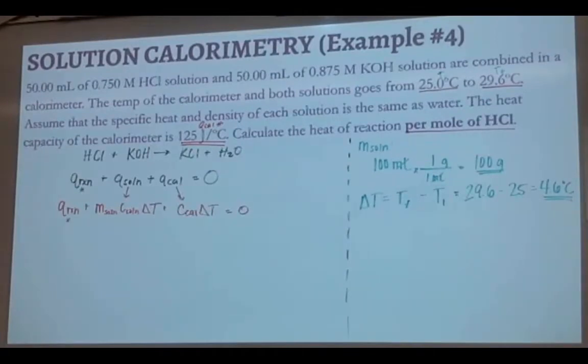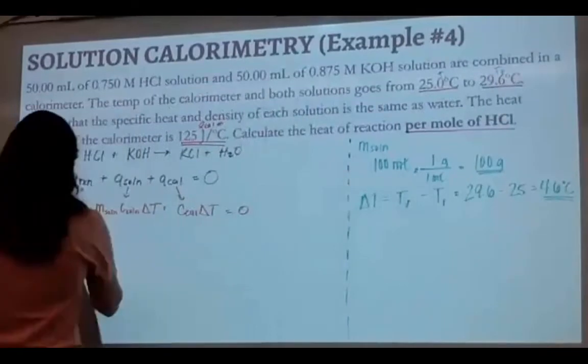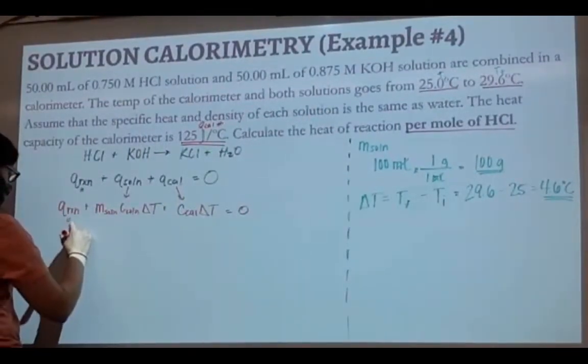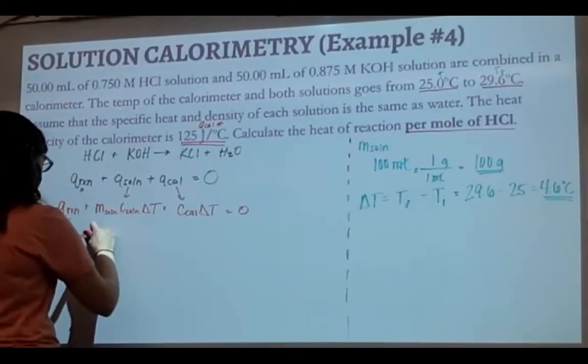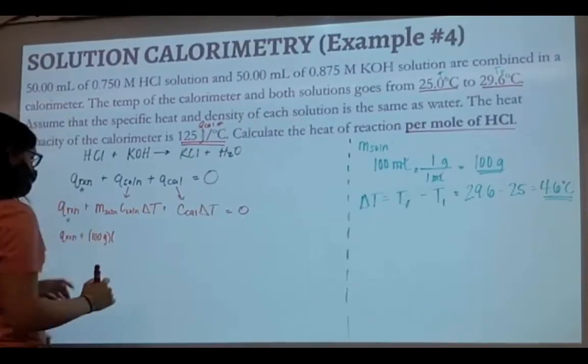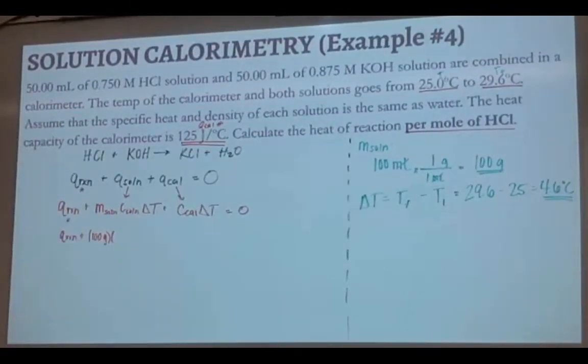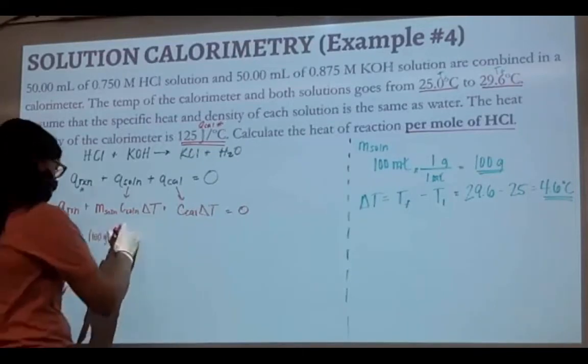So now I have everything, and I should be able to plug everything in. Again, I'm leaving Q reaction alone, because that's what I'm solving for. Mass of the solution, we said, is 100 grams. Specific heat of the solution is the same as water. Typically in solution calorimetry, your specific heat is the same as water, because that's the universal solvent. When we dissolve something in water to create a solution, it's dissolved in mostly water.